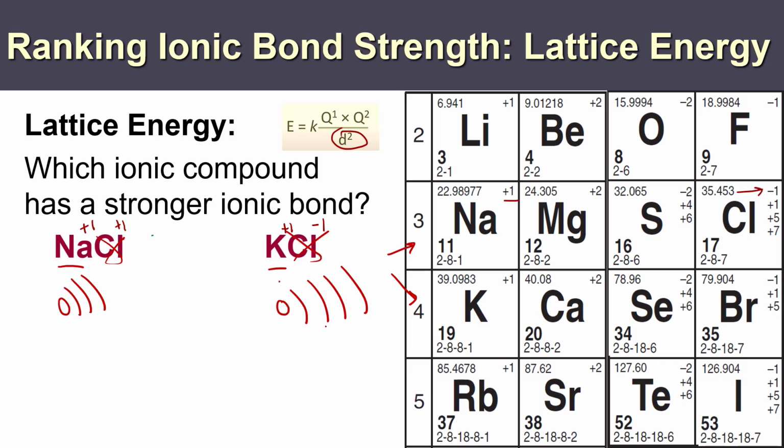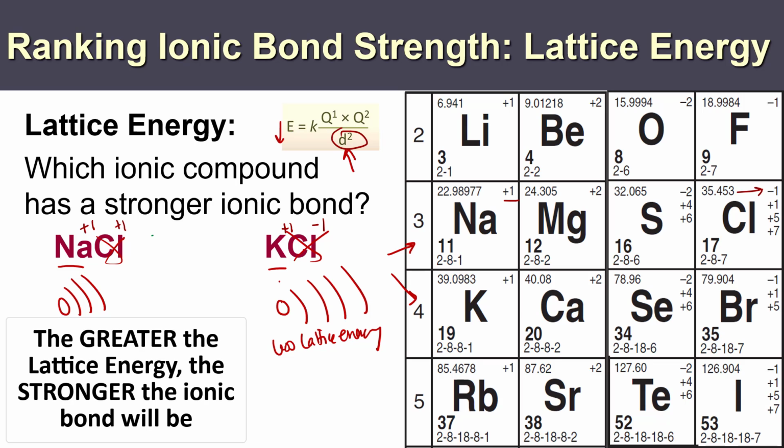Now let's think mathematically. If this D value here is a larger number, this E value here actually winds up going down. So potassium chloride would have less lattice energy, while sodium chloride would have a smaller D value, which would make your E value bigger, and so that would wind up having more lattice energy. The greater the lattice energy, the stronger the ionic bond will be.